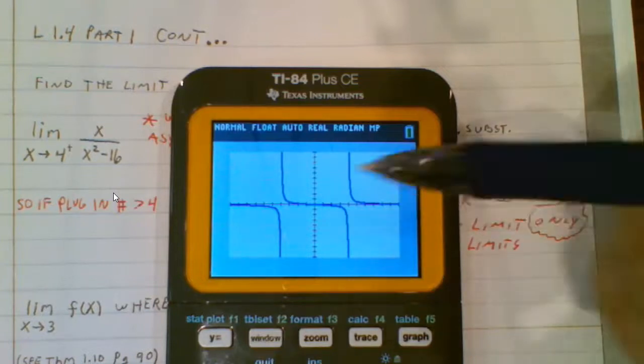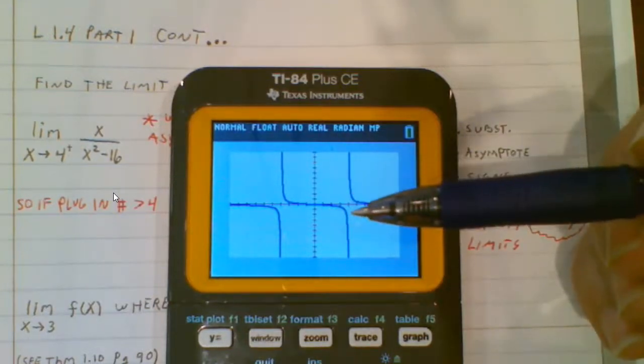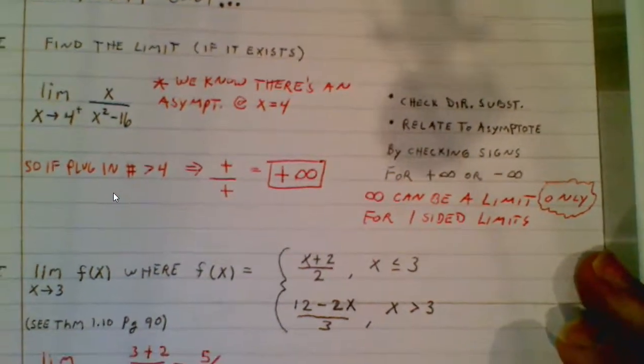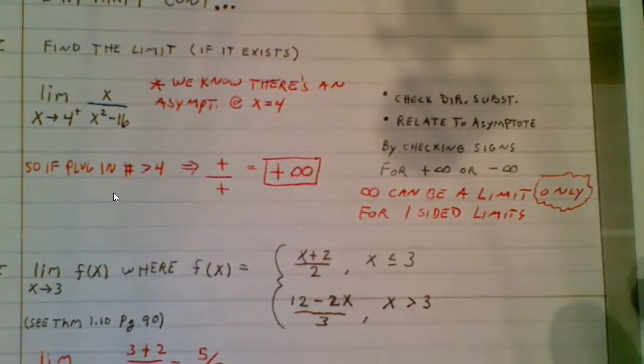So anyway, if we're looking at the graph, the answer becomes super obvious, but if you don't have the graph to look at, or if we're not able to use a calculator for a case like this, then we can do a little number testing here to see whether it should be overall positive or overall negative.